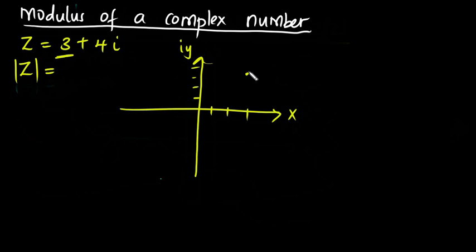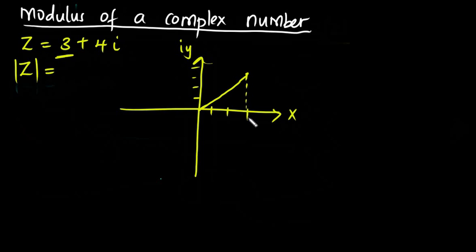So when we talk about modulus of a complex number, we are actually talking about finding the length of this line from this point, the origin, to where we have mapped our complex number.